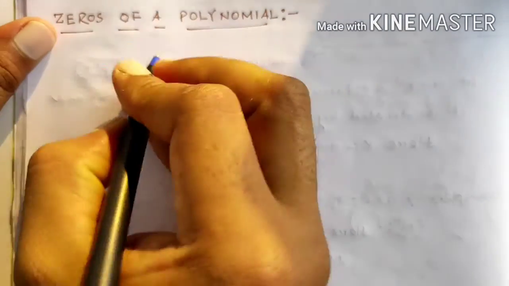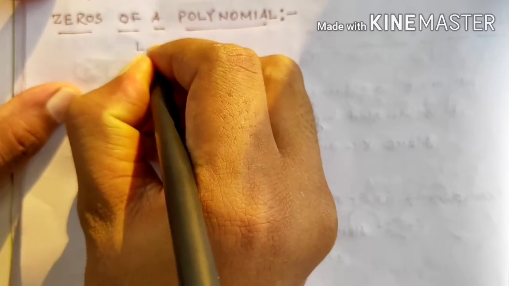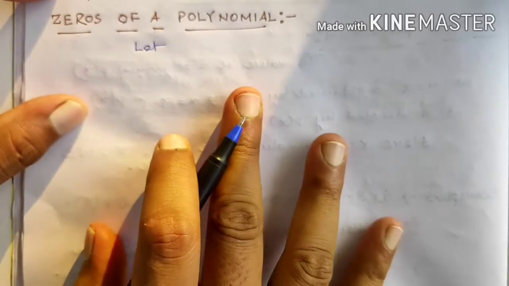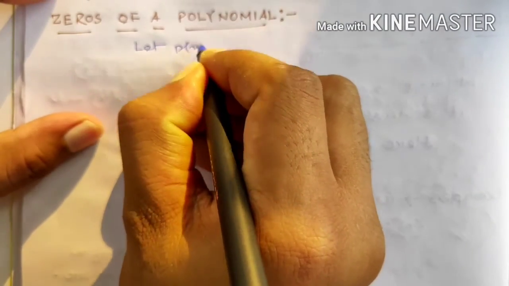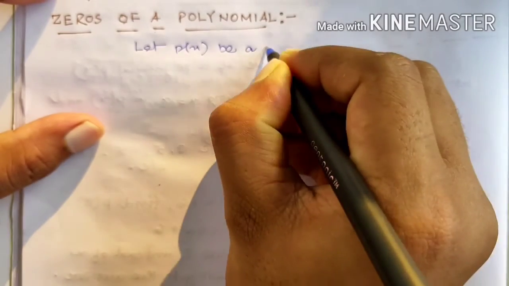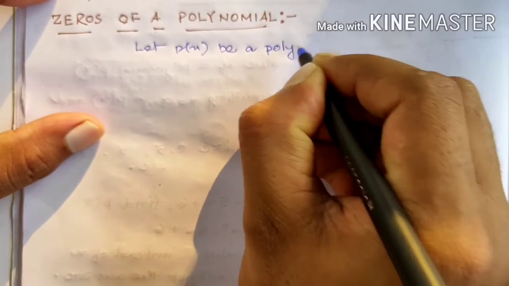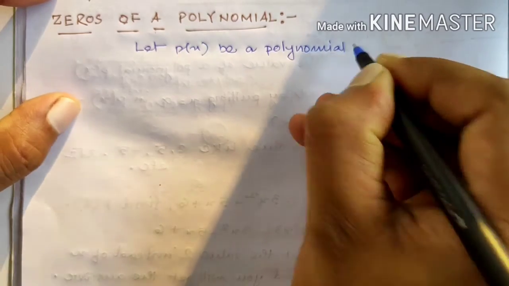Next, zeros of a polynomial. You can simply say that the value of alpha which gives zero value of the polynomial is called the zero of the polynomial. Let p of x be a polynomial.